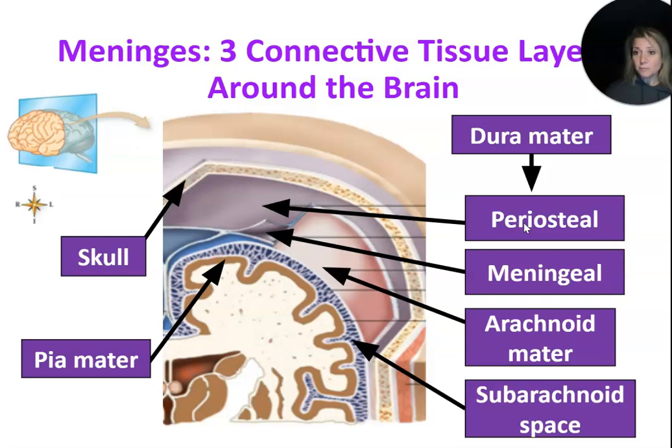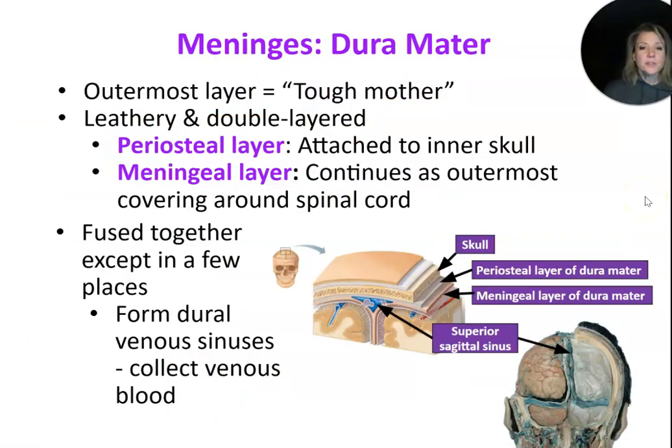And I should probably pause and mention here that dura mater means tough mother, and so the dura mater is the toughest layer that we have of the meninges. And then the last portion that actually touches the brain tissue itself is called the pia mater, which means gentle mother.